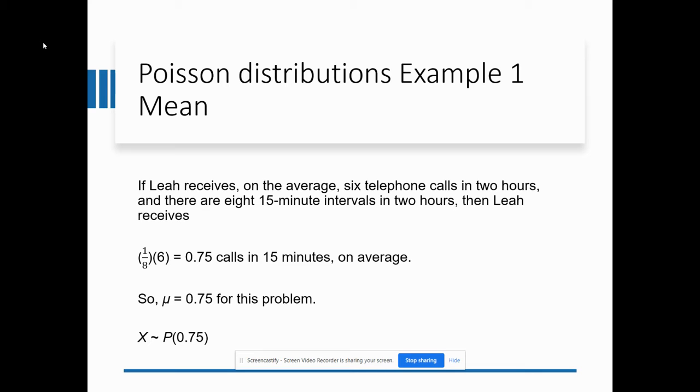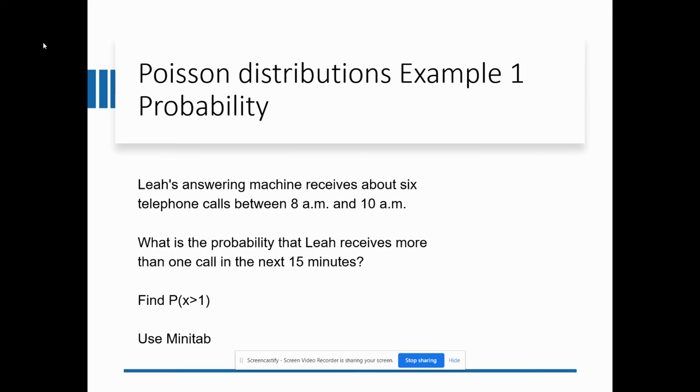I know you can't receive 0.75 of a phone call, but we're taking the average. So this distribution approximates the Poisson's with 0.75. We did the overall time times the number of calls.